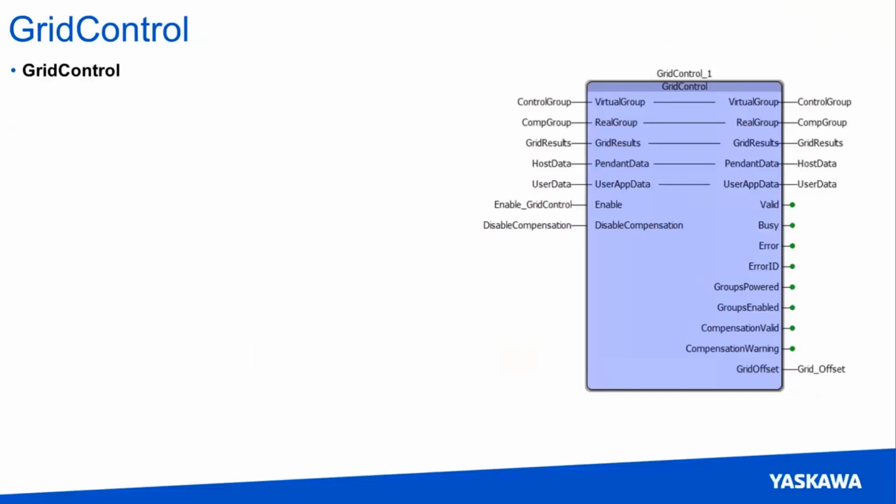As I've said, we are pretty much at the point where grid measurement is applicable now and able to be completed. We have our grid results and we want to move into grid control. This is actually using the grid offset in real time and compensating for your surface. Some stuff I've talked about already.